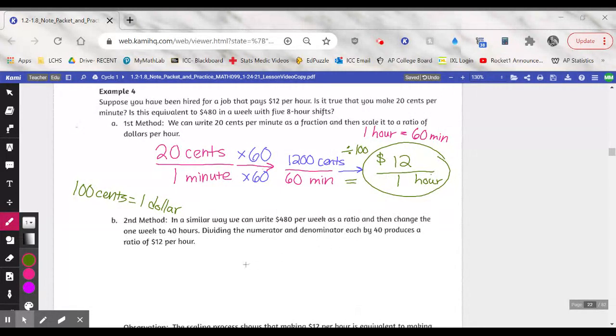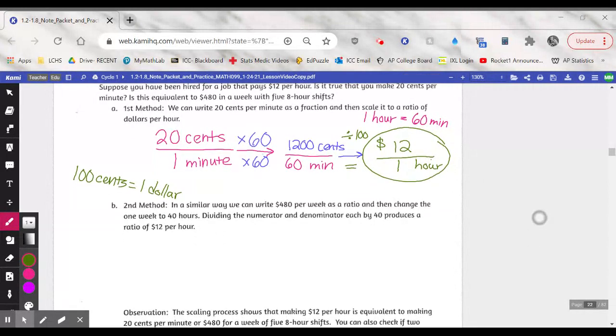The second method of doing this, in a similar way, is we can write $480 per week as a ratio and then change 1 week to 40 hours. So let's first do that. We've got $480 for 1 week.